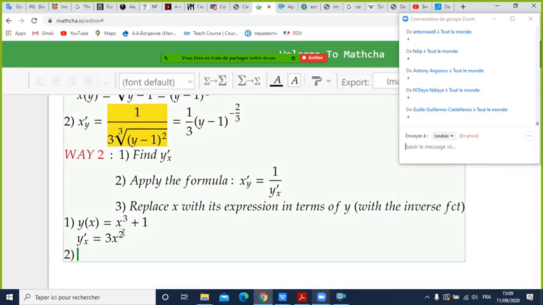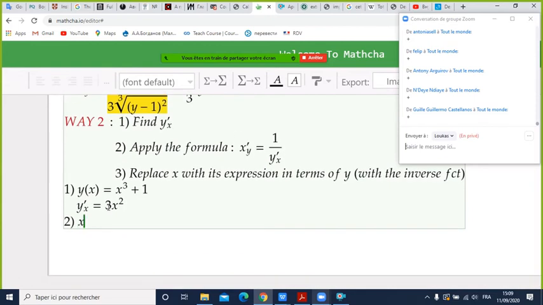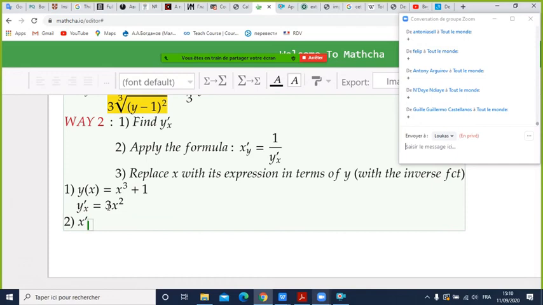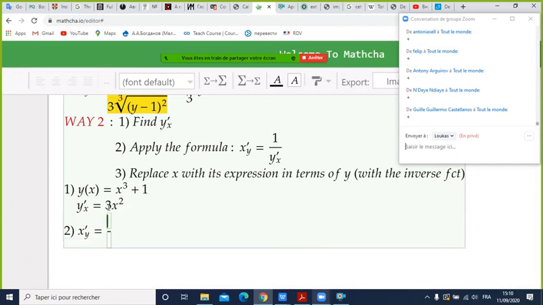Let's apply the formula. So, x prime y is going to be equal to a fraction of 1 over 3x squared. Well, okay, we applied the formula. We just substituted in the denominator y prime x with its expression.